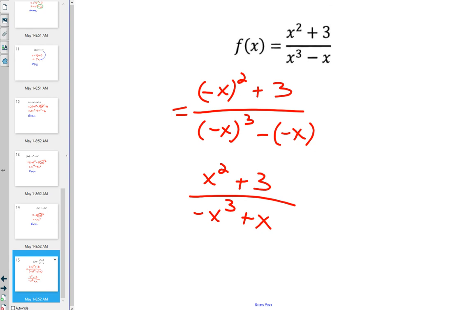Now, again, we're sure it's not even, right? But if it is odd, and I show you a graph of it, where should it be symmetrical? What type of symmetry should it have? It should have origin symmetry. So let's see.